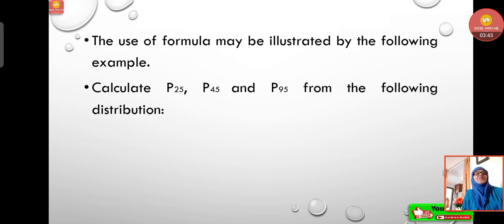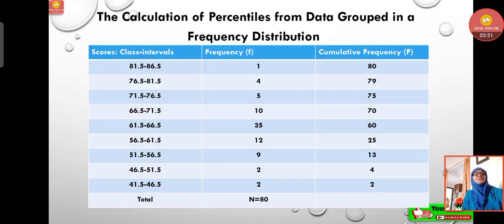The use of the formula may be illustrated by the following example. Calculate P25, P45 and P95 from the following distribution. Let's see the distribution here. The calculation of percentiles from data grouped in a frequency distribution, that is scores, are given here. Class intervals 81.5 to 86.5, this is the upper limit, and the lower is 41.5 to 46.5.